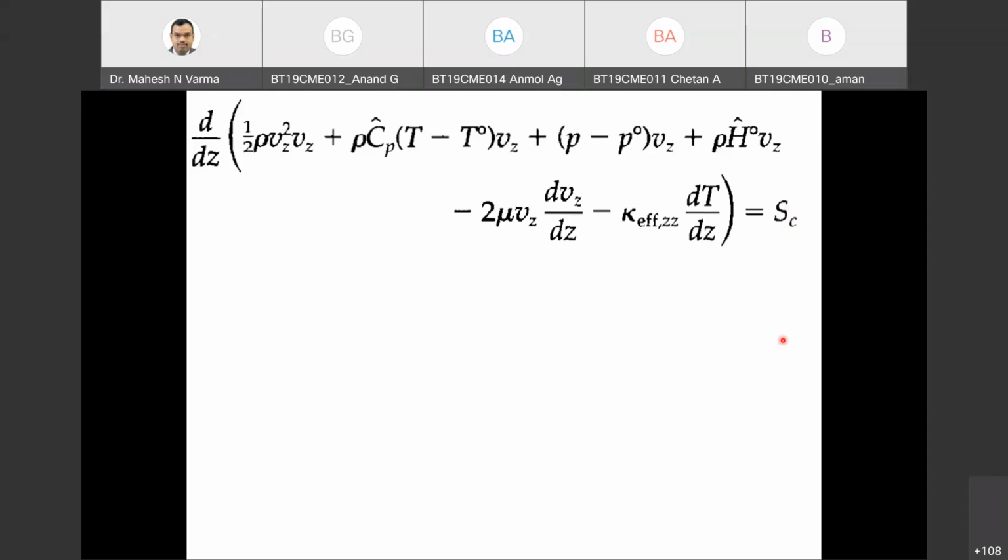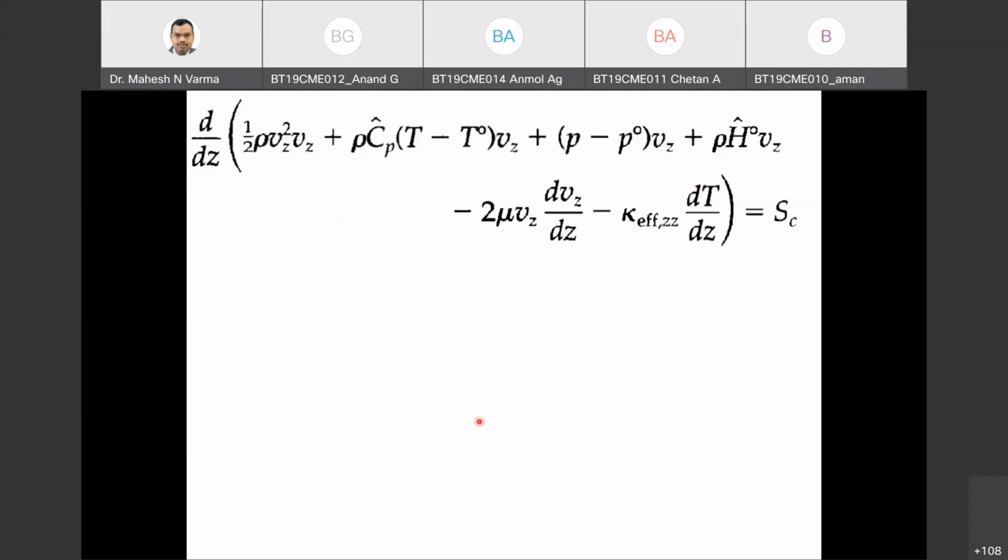So what kind of assumptions can I use? Roll number 15, Sai, what kind of assumptions can you use from the given problem so that you get a simple mathematical equation instead of such a complicated one?